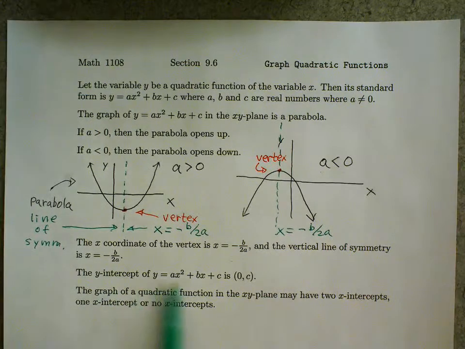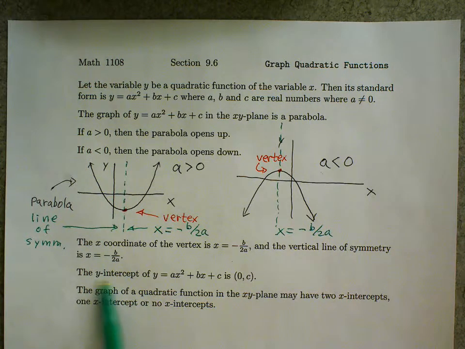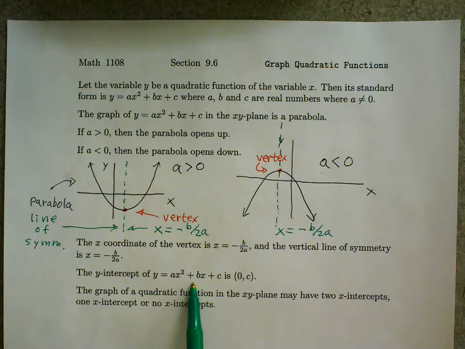Every quadratic function, y equals ax squared plus bx plus c, has a y-intercept. The y-intercept occurs when x is 0, and so the ordered pair for the y-intercept is (0, c). You can see from the quadratic function, when you replace x with 0, you're left with y equals c.